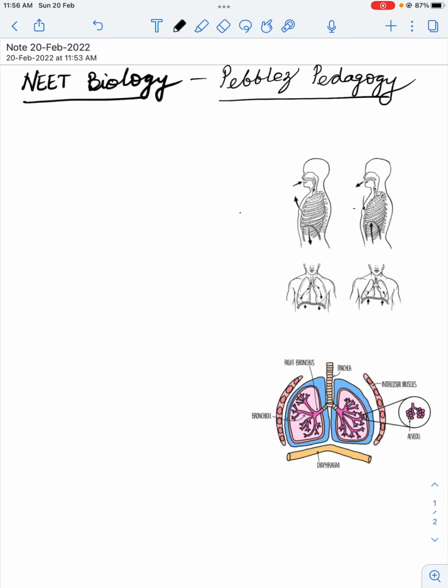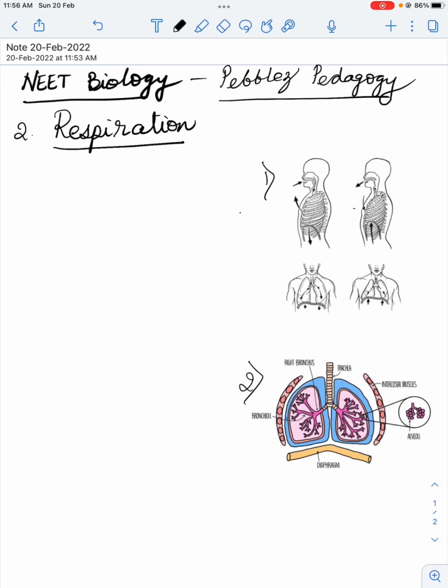So coming back to the second life process, as we already know, respiration is the second life process which we would like to discuss in this particular video. You may have noticed two images here, which of course I've downloaded from the internet, image 1 and image 2.